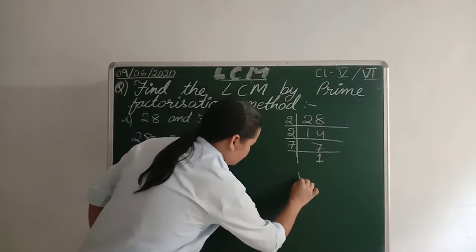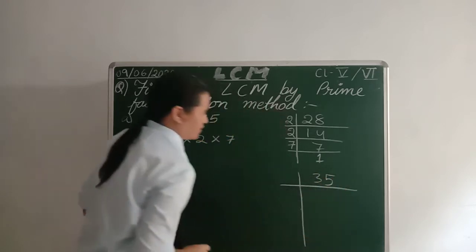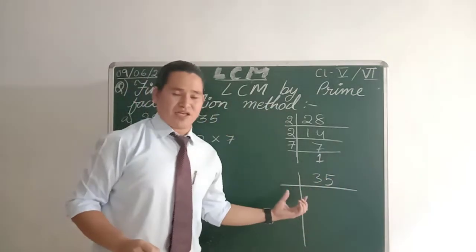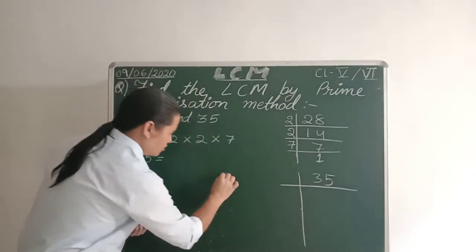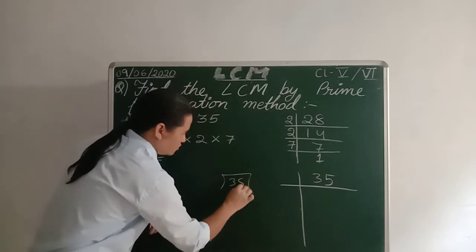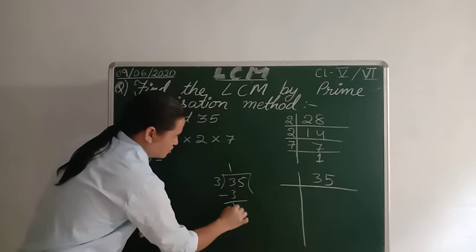Now the next number, that is 35. Let's break down this 35. With the 2 times table we cannot break it down. Even if you try 3, just go through it in rough: 3 ones are 3, 3 minus 3 is 0, then 5.